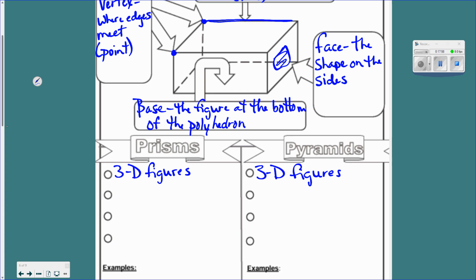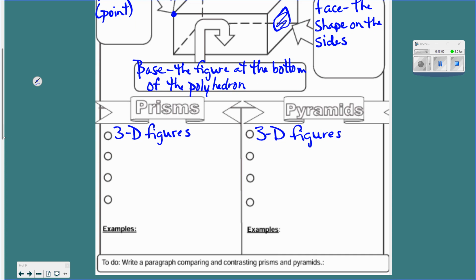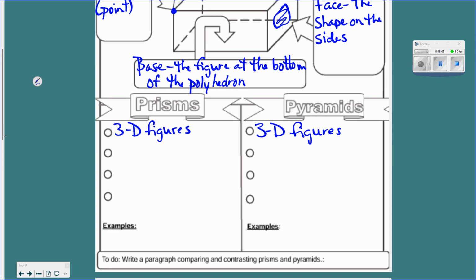Another big one. When we name a prism or a pyramid, we have to pay special attention to our base. They are named by the base figure. That is true for both prisms and pyramids. You have to be able to figure out what that base is.